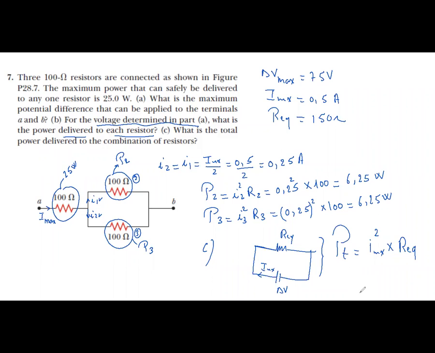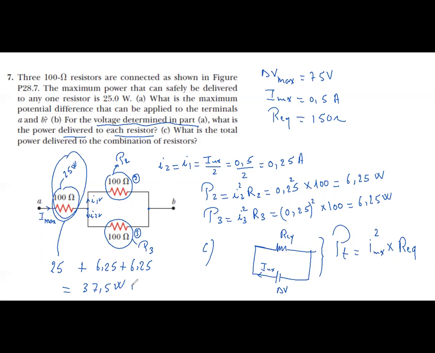Or we can add: 25 from here plus 6.25 plus 6.25, and we get a total of 37.5 watt.